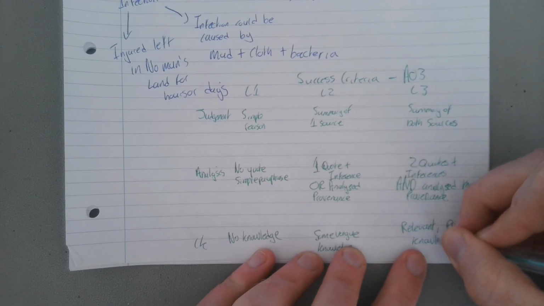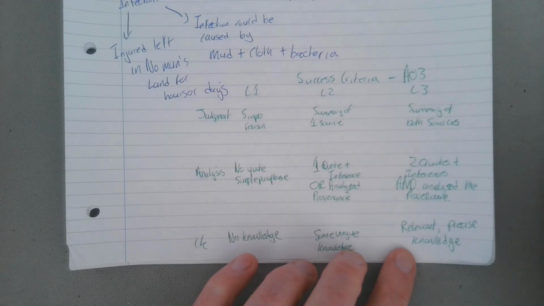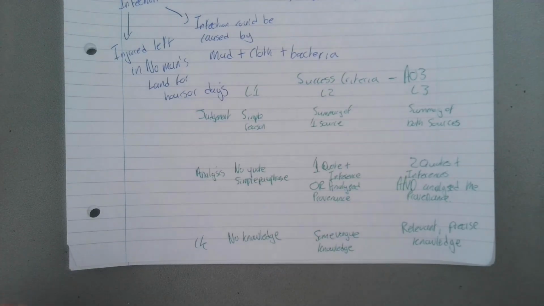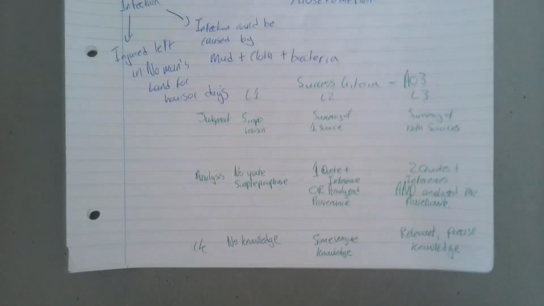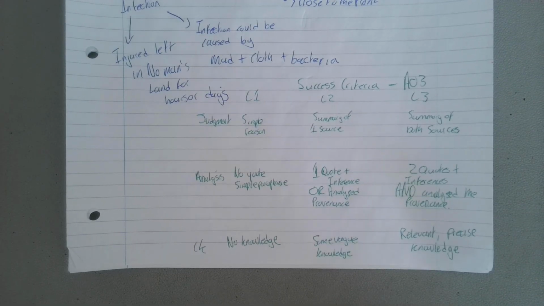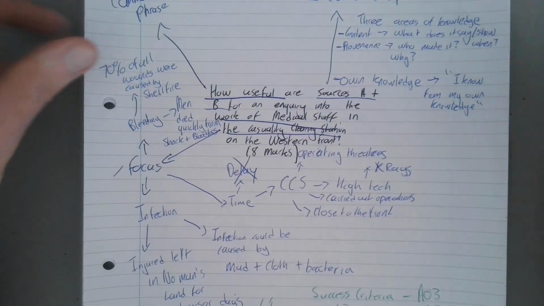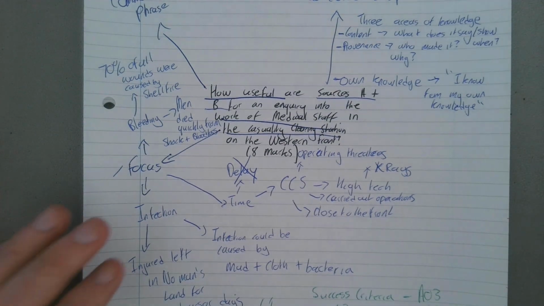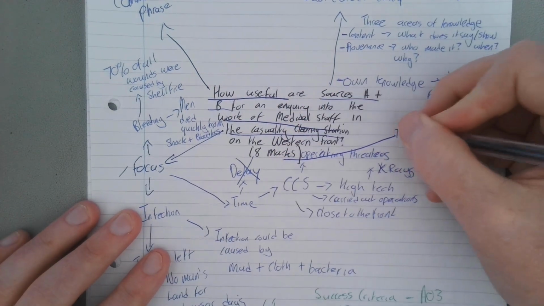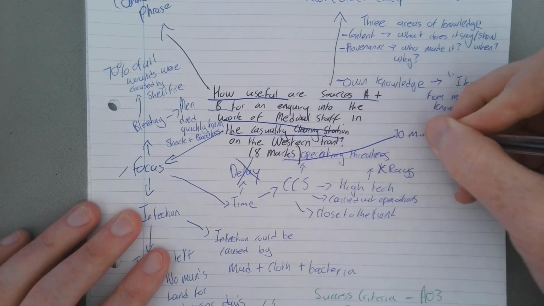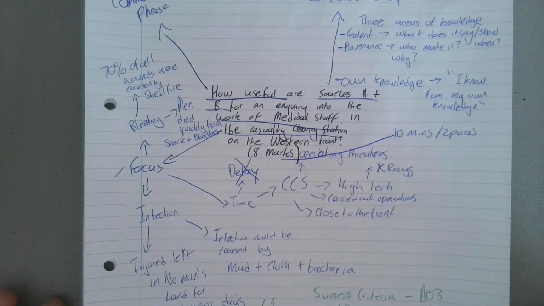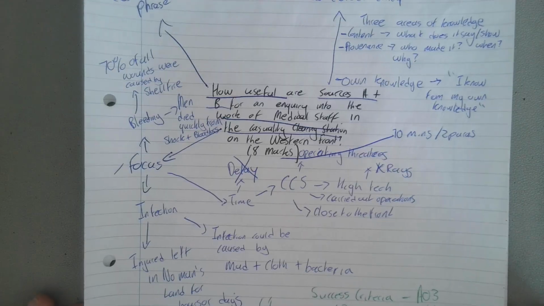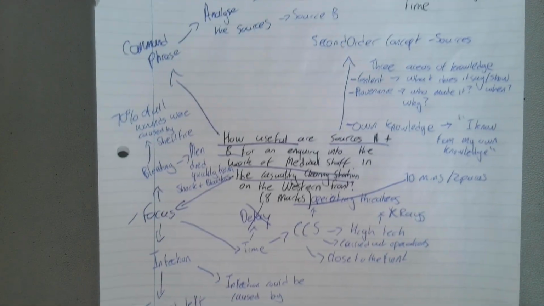That's any knowledge that's relevant to the question or relevant to the source, and that is precise. So, a polite reminder, you are now going to spend the next 10 minutes writing down 2 paragraphs telling me how useful are sources A and B for an inquiry into the work of medical staff on the casualty clearing station.